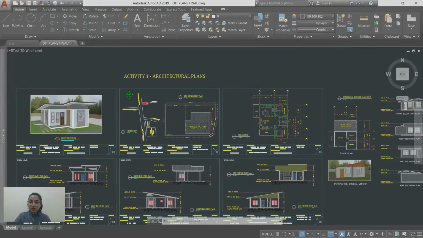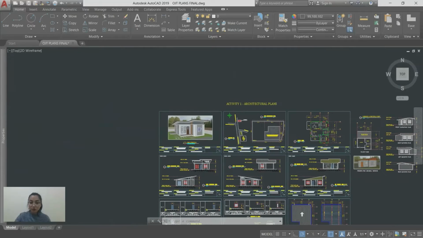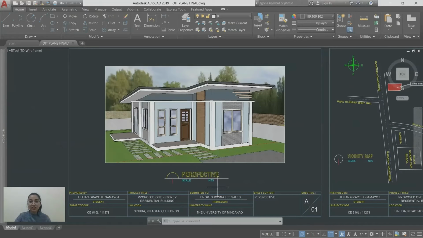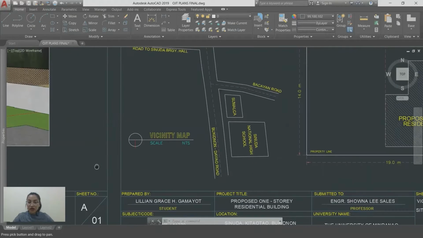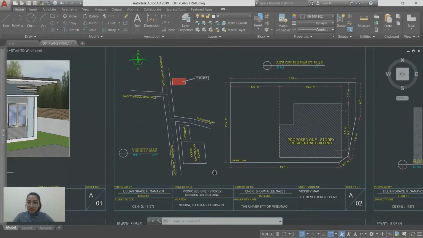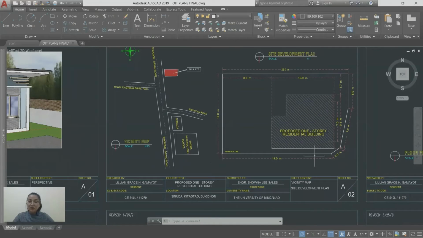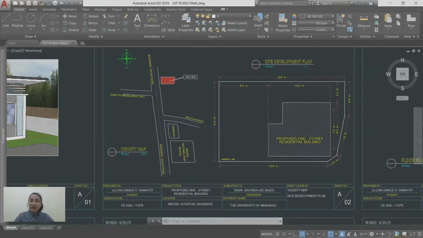So now let's proceed to the proposed one-story residential building. Ito na yung bagong layout ng bahay. So this is the perspective. Then we have here the vicinity and the site development plan. This project is located at Sinuda Hitaw, Bukidnon, along the highway lang siya.